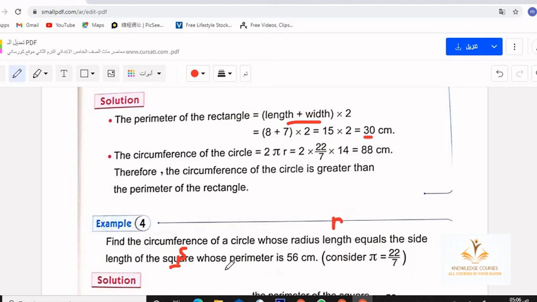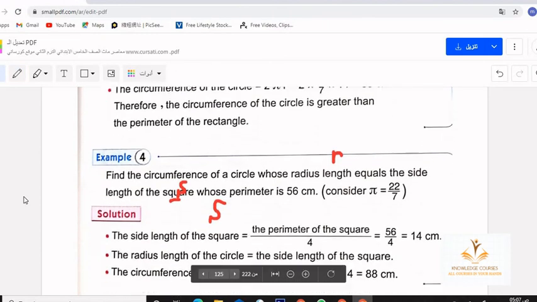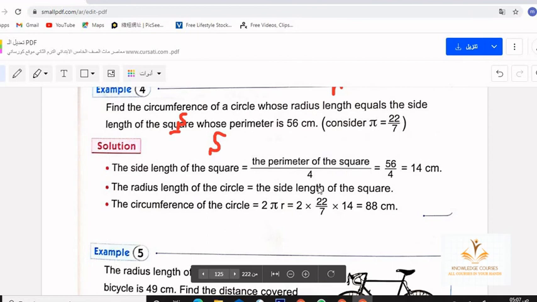So s equals perimeter divide 4, which equals 56 divide 4 equals 14. And the radius equals s, so the radius equals 14. The circumference of the circle equals 2 pi r, 2 multiply the constant 22 over 7 multiply 14 equals 88.